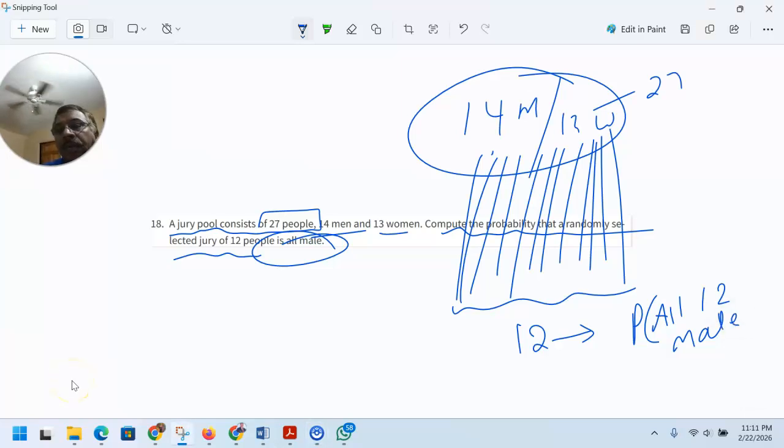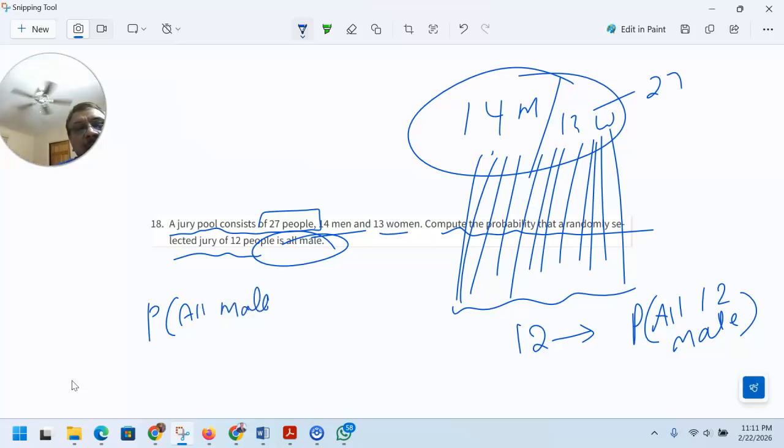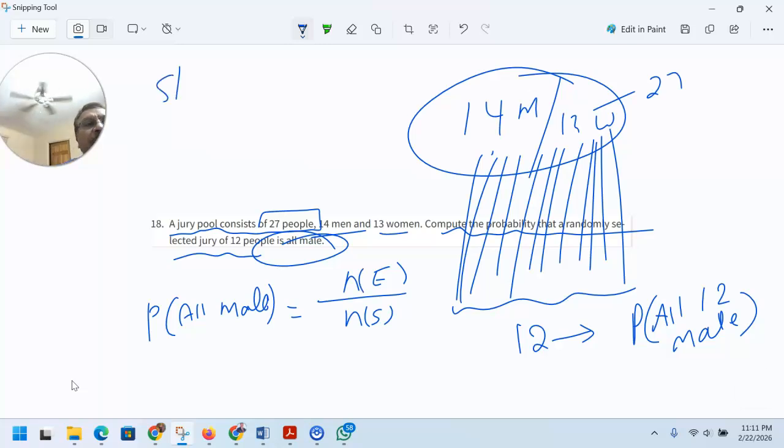Now, first, remember, when we talk about probability, it is always two parts. It is a ratio, and the bottom one is n of S, and the top one is n of E. So step one is, what is the total number of possible outcomes, n of S?